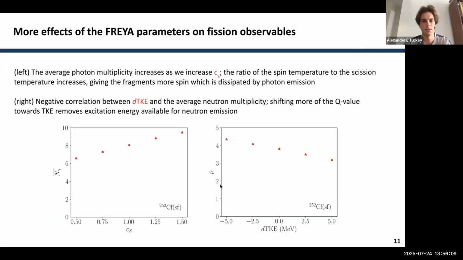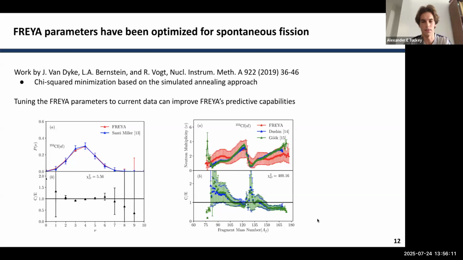There's also this paper I just mentioned before, which optimized the Freya parameters for spontaneous fission. So yeah, there's also that as well. Sorry, I don't have a better answer to that.